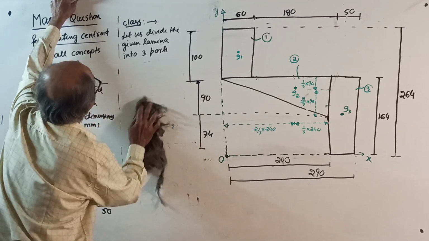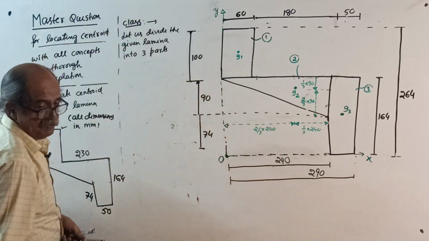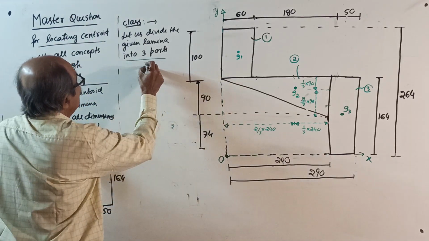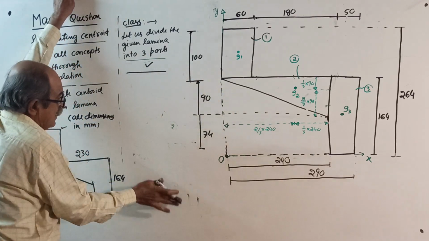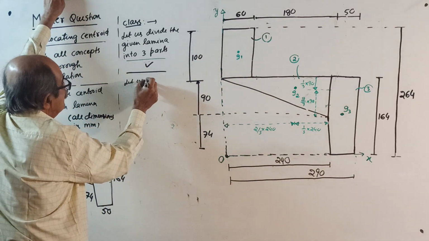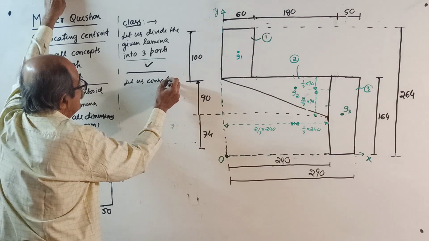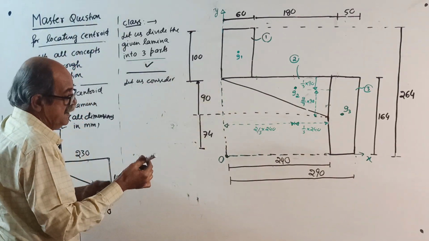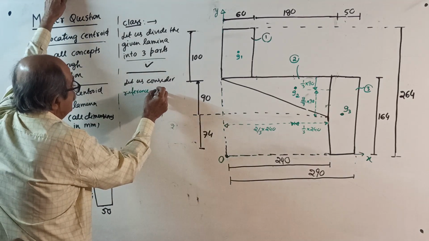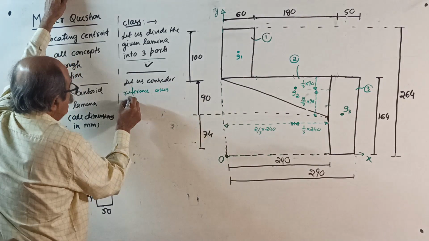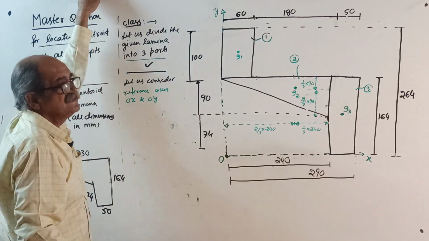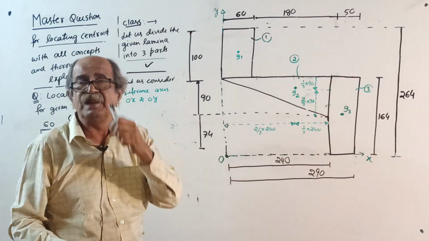So one statement you write. First, divide into parts. That is already clear. 3 parts are clear. Then write what I removed here. Then let us consider green color reference axes OX and OY. I always use small letters because capital XX, capital YY, I want for centroidal.